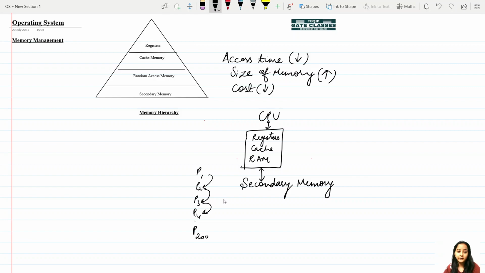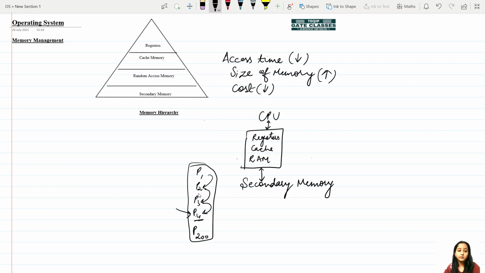I can't randomly access the P4 process. All these processes are present sequentially in the secondary memory. So we can fetch some block. Say I have fetched the processes from 1 to 200, and I bring those processes into the RAM, then they can be accessed by the CPU.